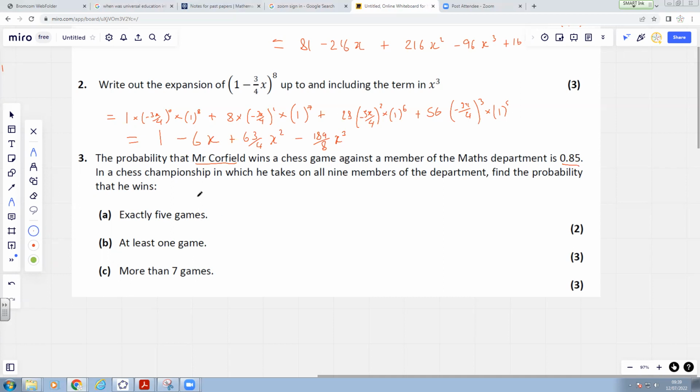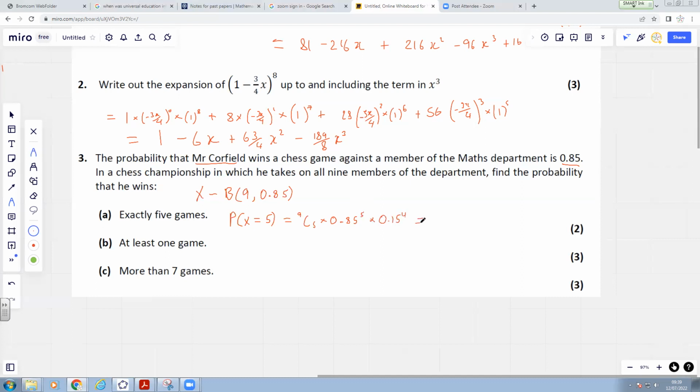Find the probability that he wins exactly 5 games. Okay, so he's playing 9 games. So let's define this as a binomial distribution where he's playing 9 games and his probability of success is 0.85. If he wins exactly 5 games, we're looking for the probability that x equals 5. Now, your calculator will work this out, but just to show you the old way of doing it, we would have done 9 choose 5 multiplied by 0.85 5 times because we need him to win 5, but then we need him to lose 4.